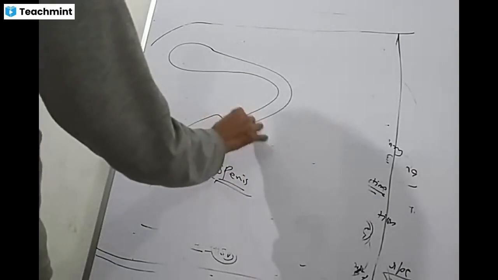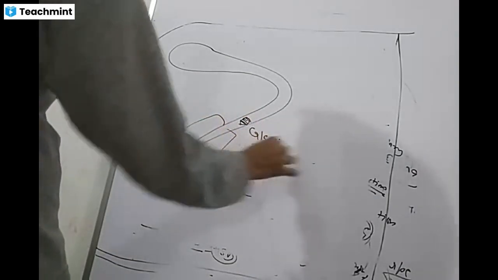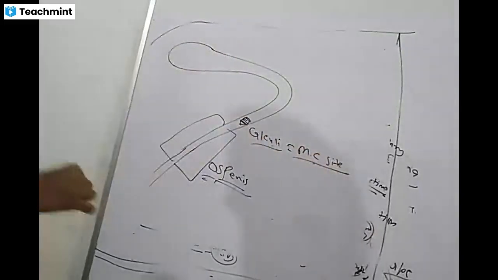Just behind the os penis, at this point you have calculi. That is the most common site in case of dog.